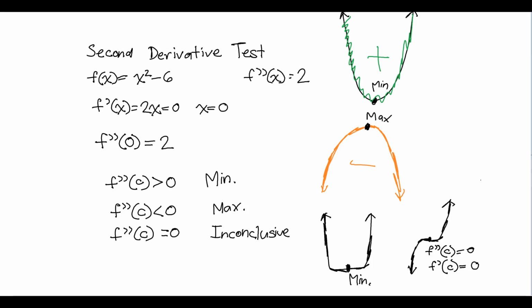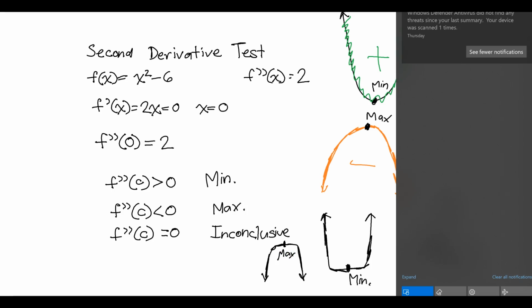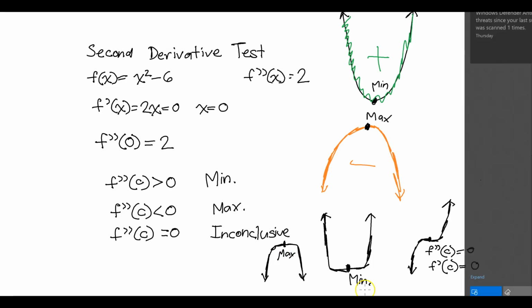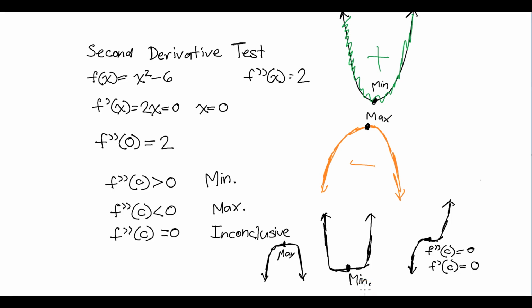Meaning you can have a minimum or a maximum if you were to invert the graph of this, or none at all, which means you don't know for sure. If f prime prime of c is equal to 0, you don't know whether it's a minimum, a maximum, or a point of inflection.